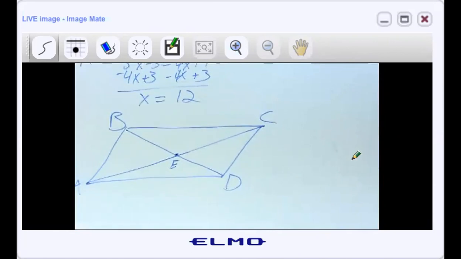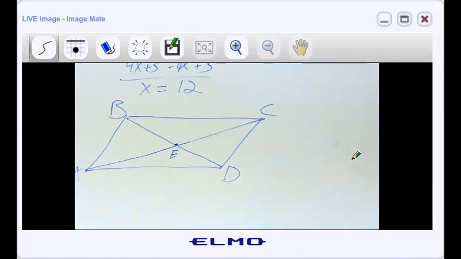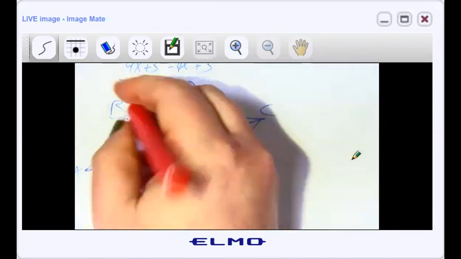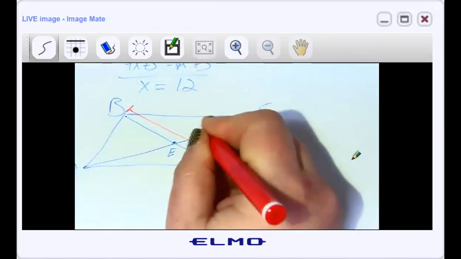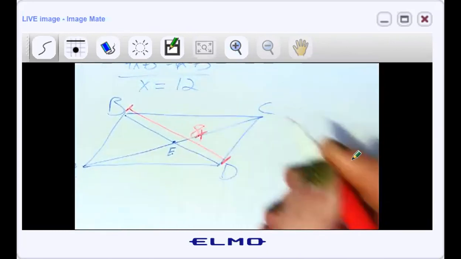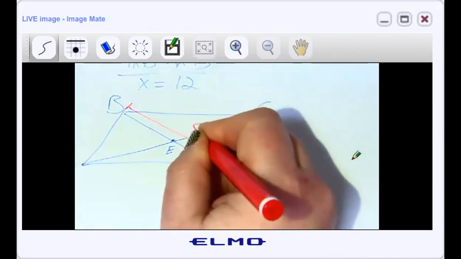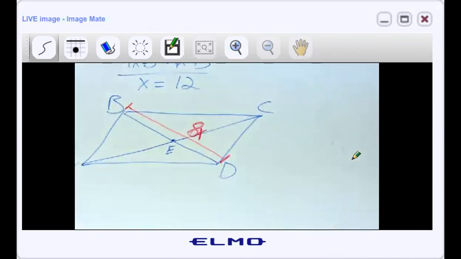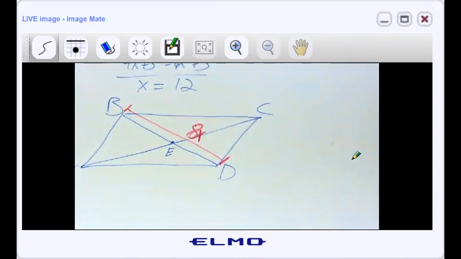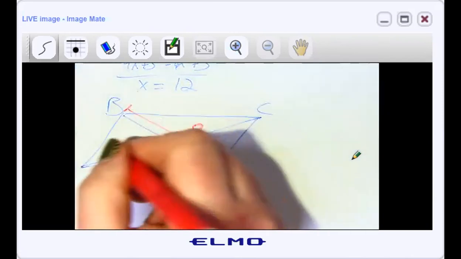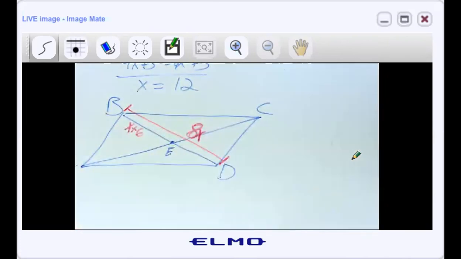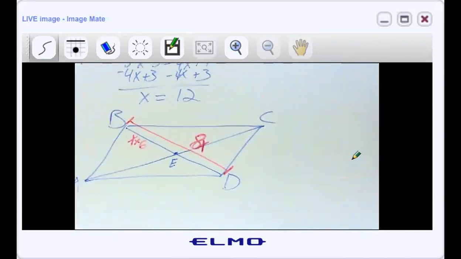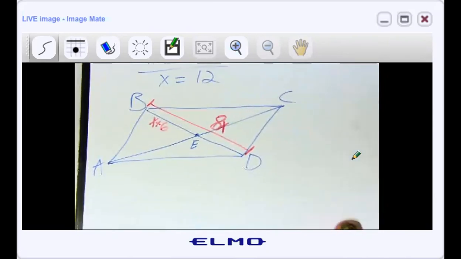Okay, this time I am going to tell you that BD, the whole thing, is 8x. And I am also going to tell you that BE, just that piece, is x plus 6. So take a minute and see if you can come up with an equation that will work here.